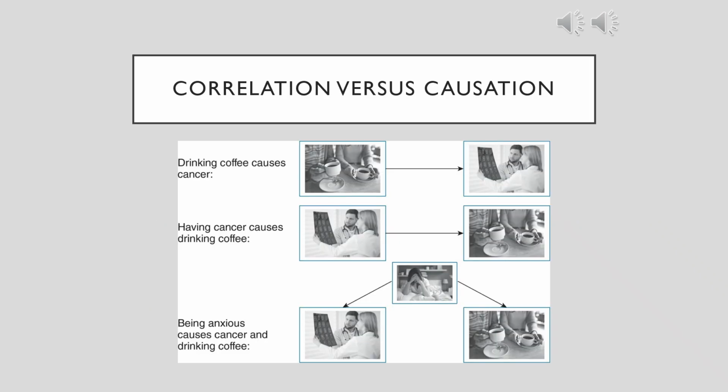But maybe there's a third or fourth or fifth or sixth explanation, which is other variables influencing both of these factors at the same time. And so your book says, well, what about people who are just naturally more anxious? High anxiety might cause people to both drink more coffee and develop more kinds of cancer. And so there could be a hidden third variable that wasn't even originally measured that could be increasing both cancer and coffee drinking at the same time.